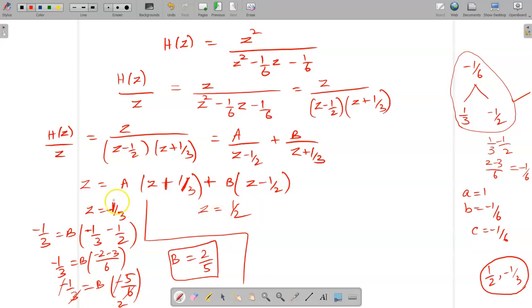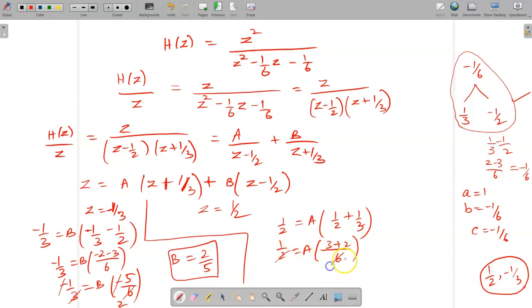So once you have done that, find out the value of a. So left hand side it is z, z equal to 1 by 2. Okay, so a into, wherever you have z, replace it by 1 by 2. 1 by 2 plus 1 by 3. So anyway this value gets cancelled. So 1 by 2 equal to a into, again LCM is 6, cross multiply 3 plus 2.